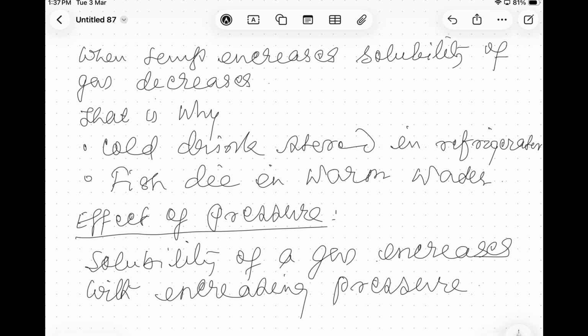With increasing pressure. Now comes to Henry law. Let us discuss Henry law, which is one of the most important law for examination. What is the statement?